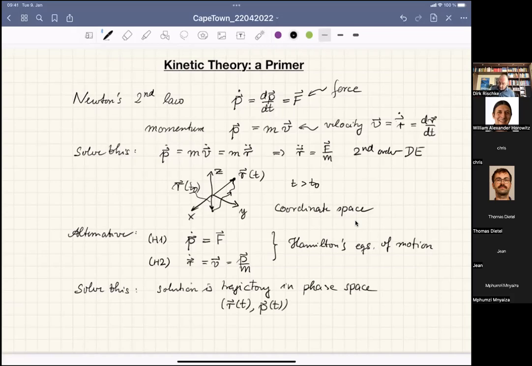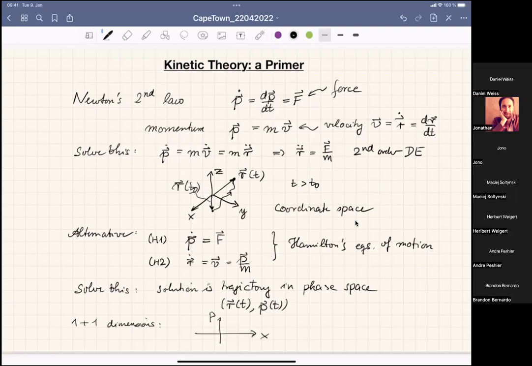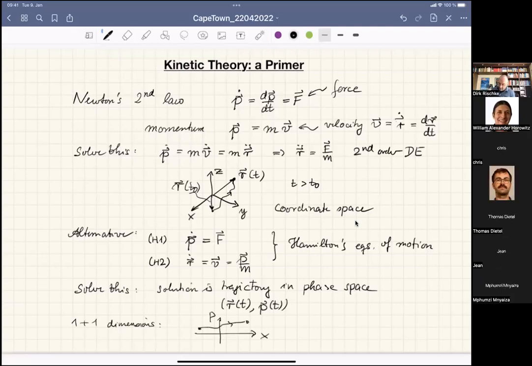Of course I can't draw this, this is 6 dimensions. I mean, this is still a 3D rendering of coordinate space in 6 dimensions. But let's say if I only have one coordinate and one momentum direction, then you can still visualize this. Then you would draw this as x and p, and this guy starts out here and then moves over here as time goes along.